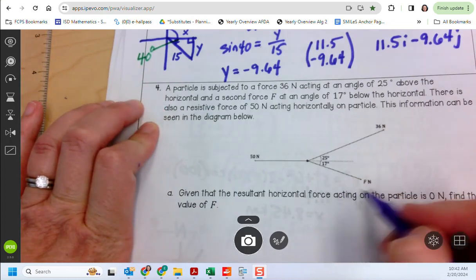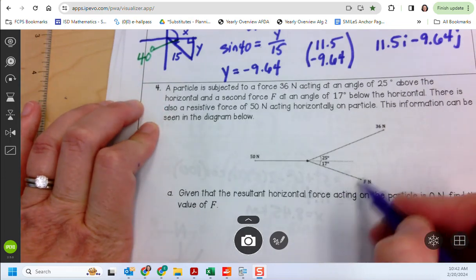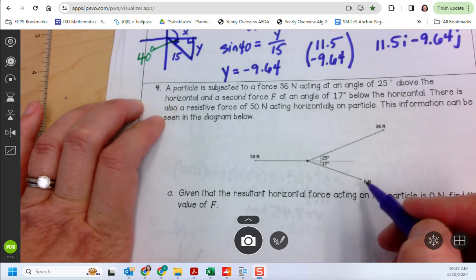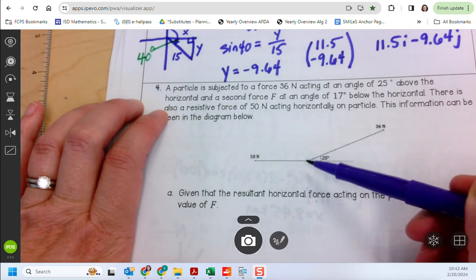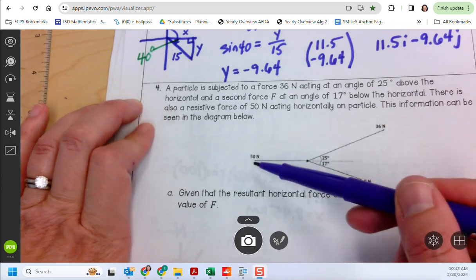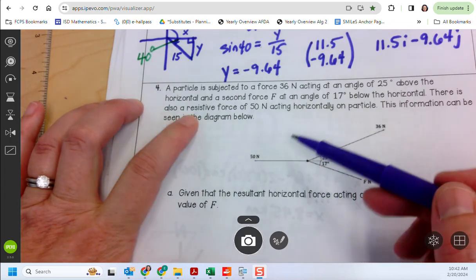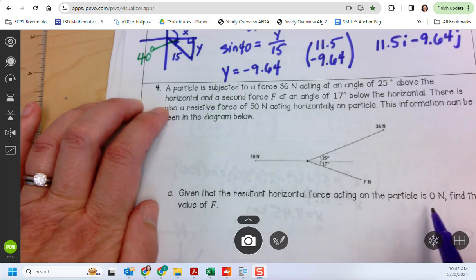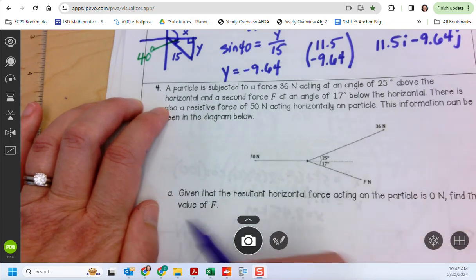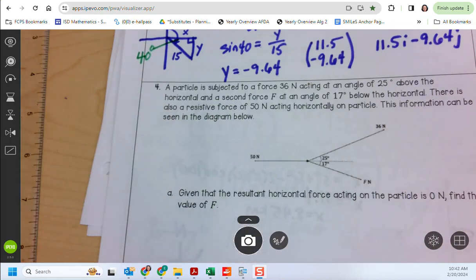And we don't know, that just has a variable force. We don't know the force, okay? There's also a resistive force of 50 newtons that is acting horizontally on the particle. And this information can be seen in the diagram below. Given that the resultant horizontal force acting on the particle is 0 newtons, find the value of F.